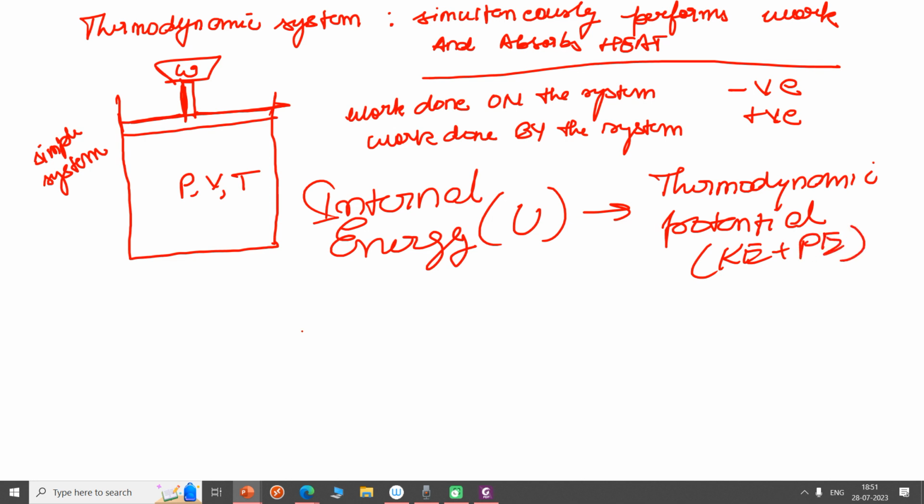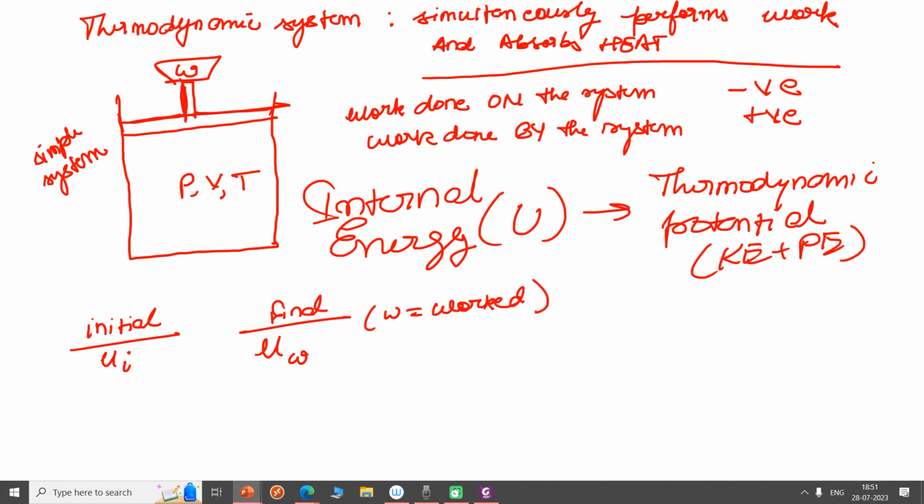So when the system is doing any work, it has to expend some of its internal energy. Let's say in the initial state we have the internal energy as Ui, and in the final state we have internal energy as Uw. Here W signifies that it has already worked.